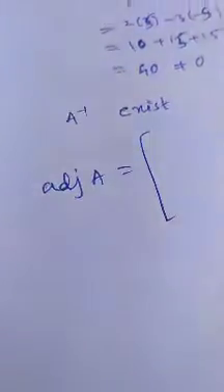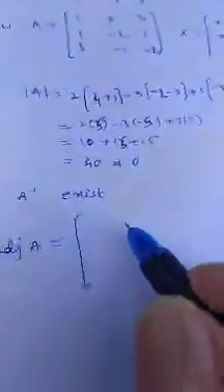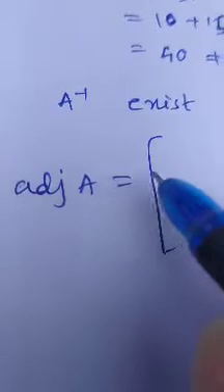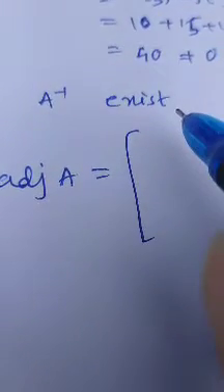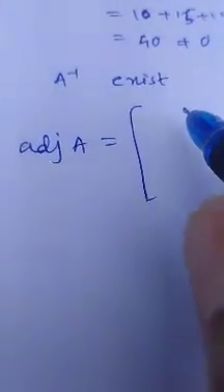I need A inverse. For that I am finding the adjoint. You know how to find the adjoint: cofactors. So directly I am writing the adjoint. Later, if I give one problem, you find the cofactors, then transpose them, and you will get the adjoint. So I am directly writing the adjoint here.